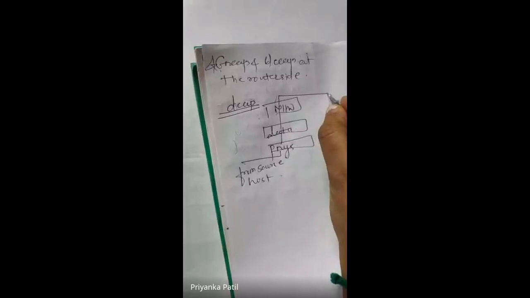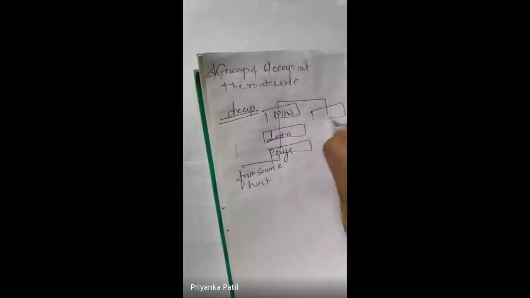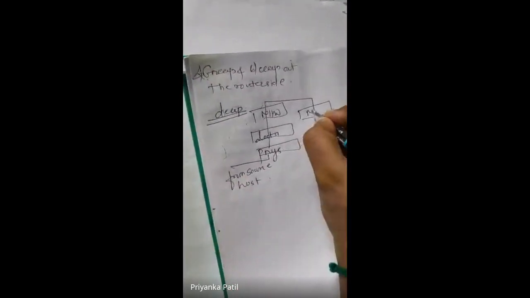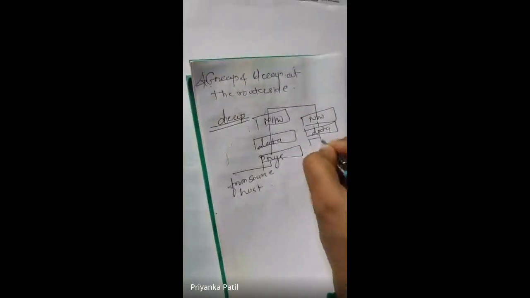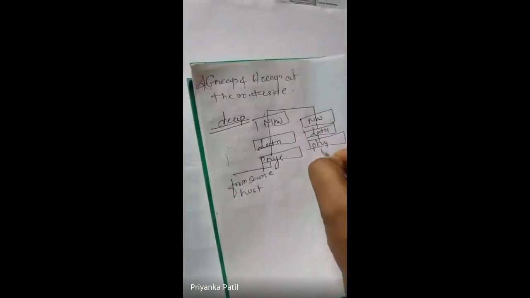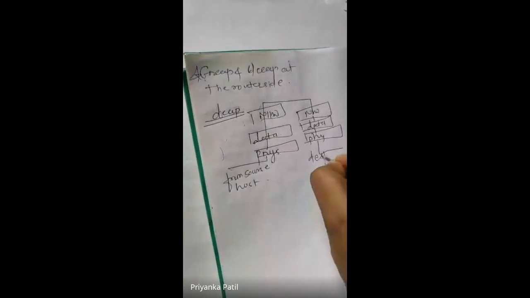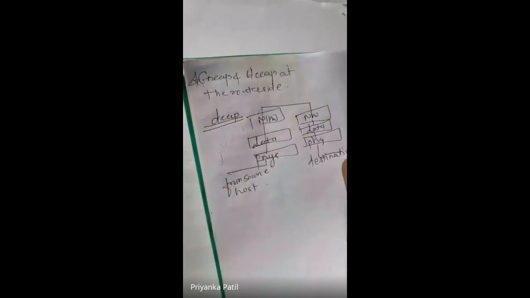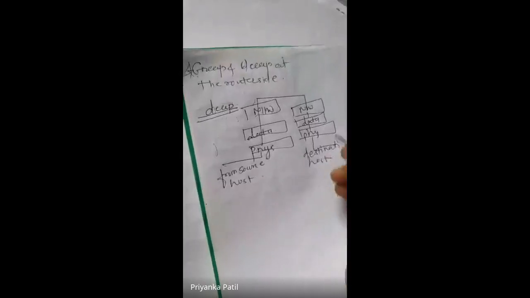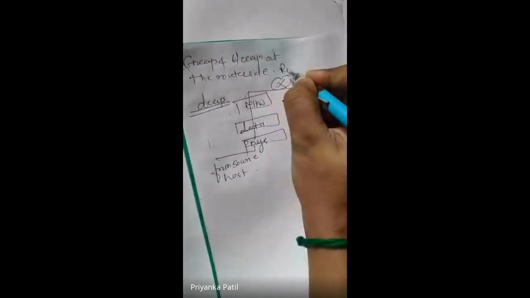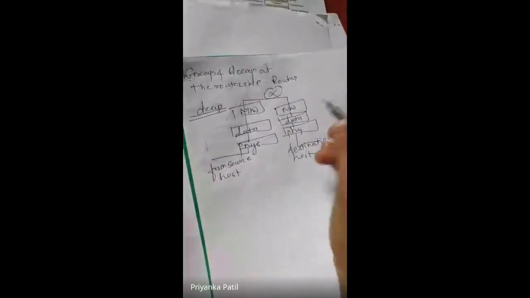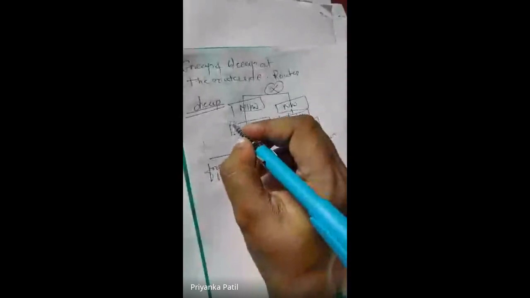This information is processed at the destination network layer. After that, the destination data link layer and the destination physical layer. Here the router is mounted in between the host and the destination system.